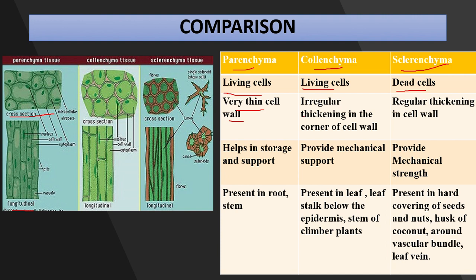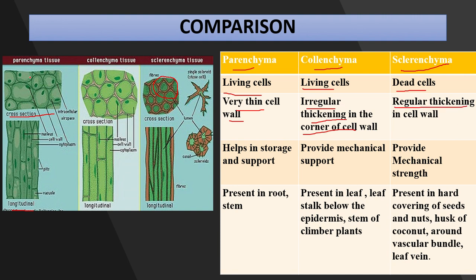So in the collenchyma, there is irregular thickening at the corners of the cell wall. But in sclerenchyma, there is a regular thickening in the cell wall, and that regular thickening is because of a cement-like material called lignin. This is a very important point of difference.